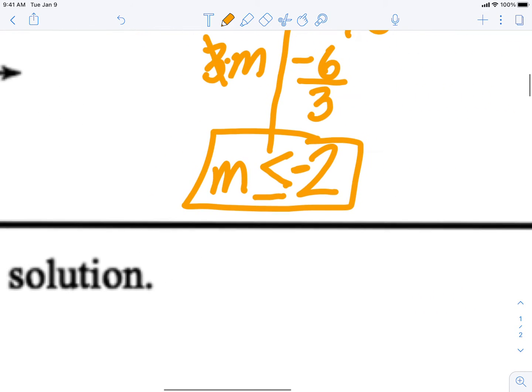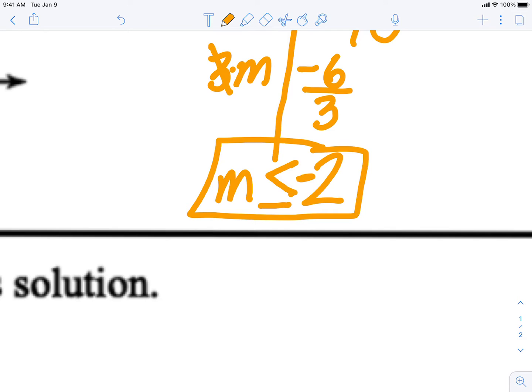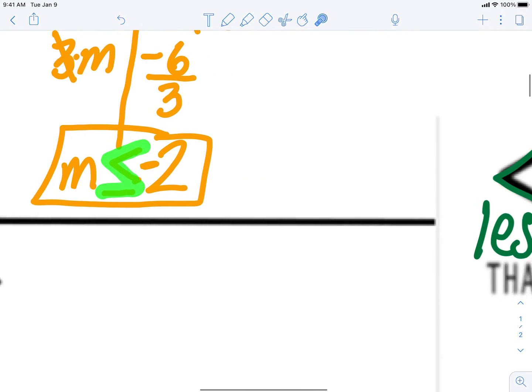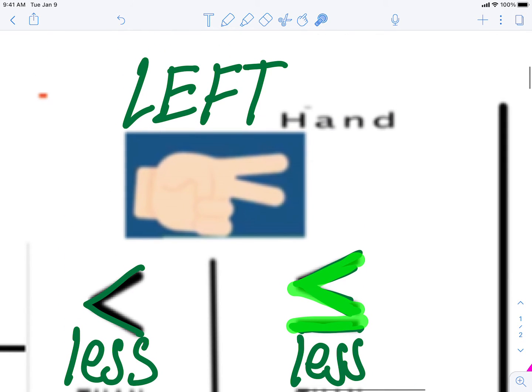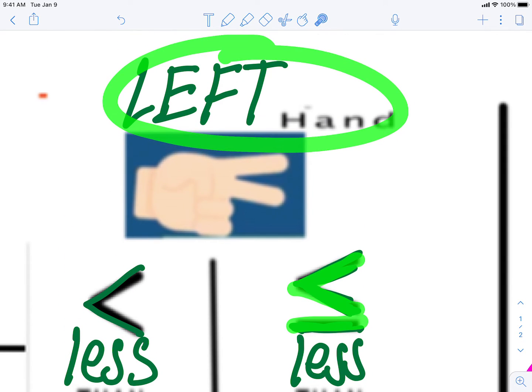Now, which way are we going to graph? Which hand do we use to make these scissors right here? Right? We use our left hand. Right? Look at this symbol. That one looks like that one. And we use our left hand.